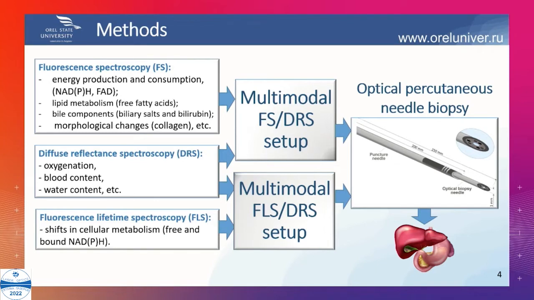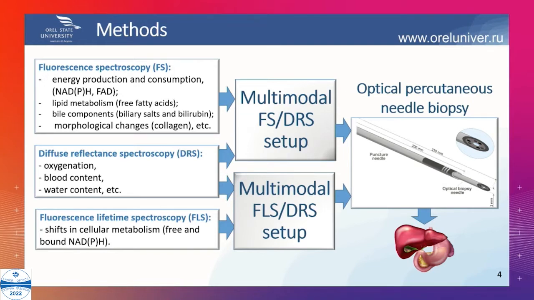As the fluorescence spectra of free and protein-bound NADH are indistinguishable, fluorescence lifetime spectroscopy allows one to separate the contributions of free and protein-bound NADH to the total autofluorescence signal.